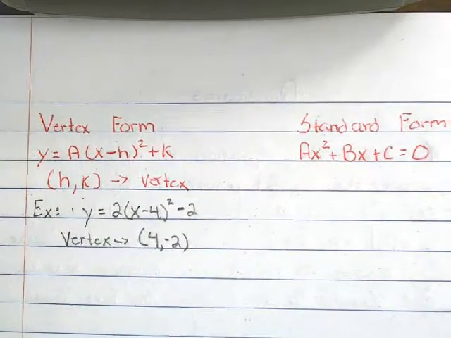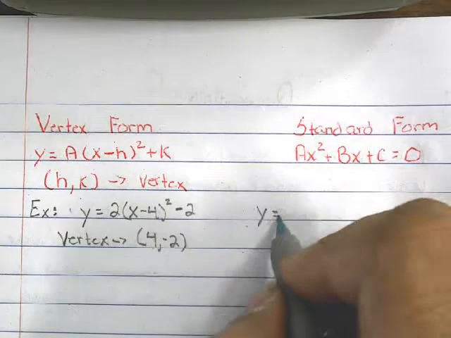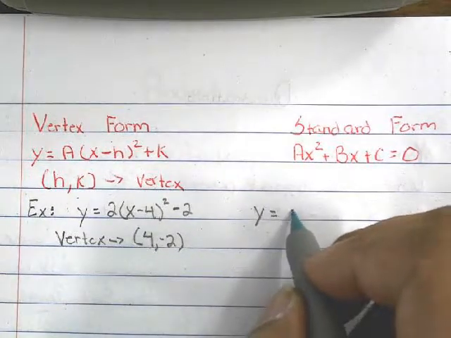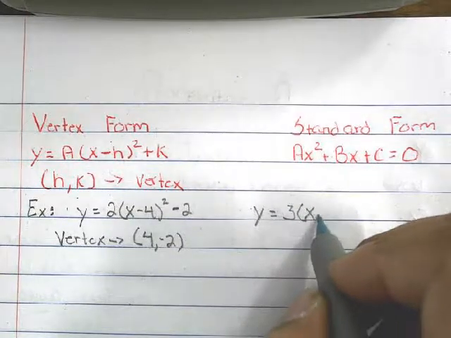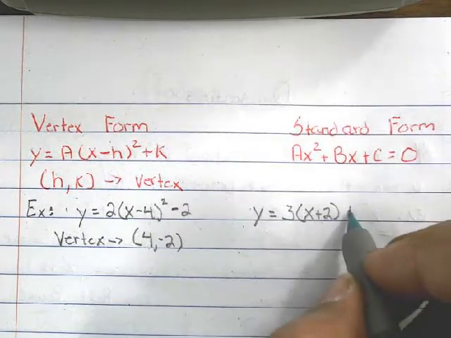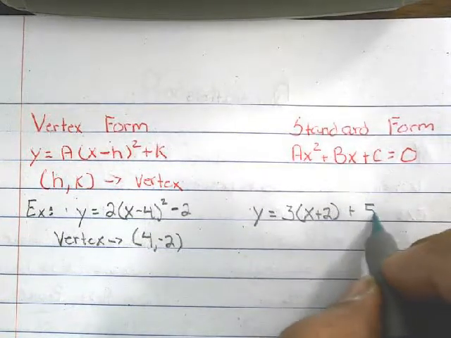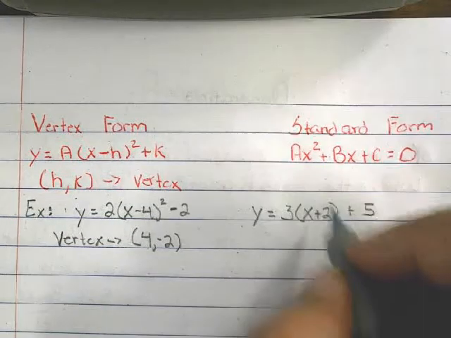Now, look at this one. y equals 3 times x plus 2 squared plus 5. Oops, forgot the square.